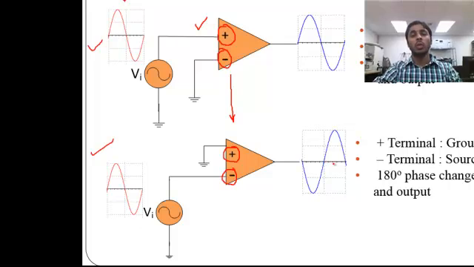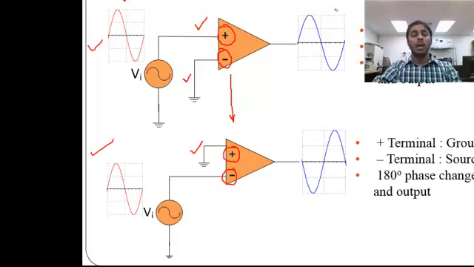Comparing these two circuits, one of the terminals is grounded, whether it is the inverting or the non-inverting terminal, and the signal is applied to only one terminal. That's why it's called a single-ended configuration. The signal is applied to only one of the input terminals but not both. One of the terminals should be grounded if the op-amp is in the single-ended configuration.